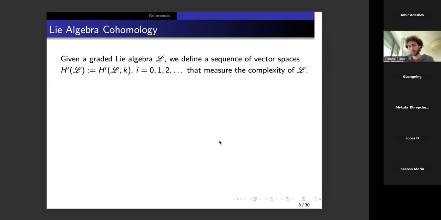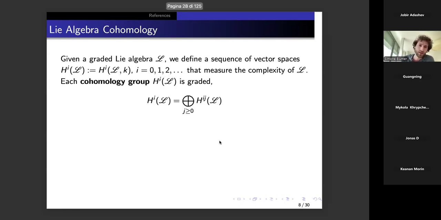And these groups, or vector spaces, measure somehow the complexity of the Lie algebra. In the graded case, however, each cohomology group is graded itself. So we get a second grading called the internal grading for the cohomology. And we will see that this contains a lot of information about the Lie algebra in the graded context.